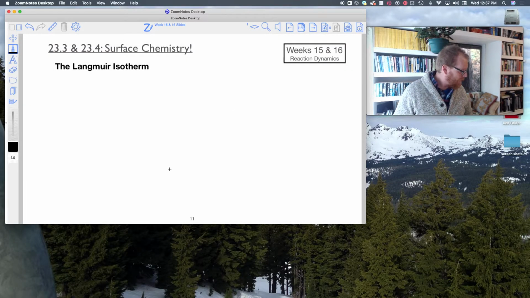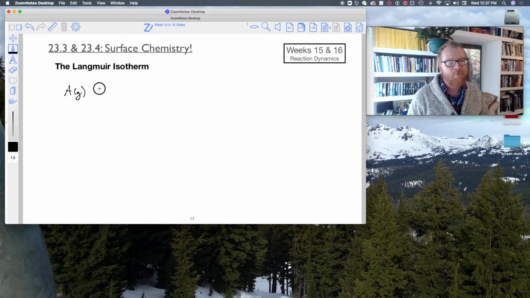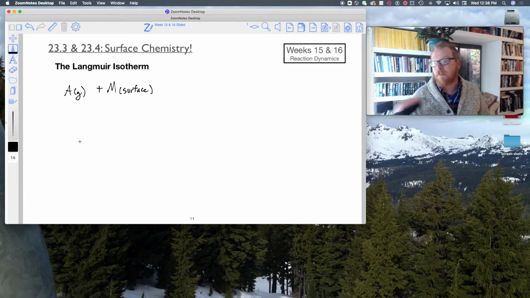So, the Langmuir isotherm. We start by talking about the mechanism of adsorption, and I'm just going to do that very briefly, for a gas phase molecule A coming into contact with a random surface. I'm going to use this nomenclature M, but I'm going to say M is a surface molecule. Okay.